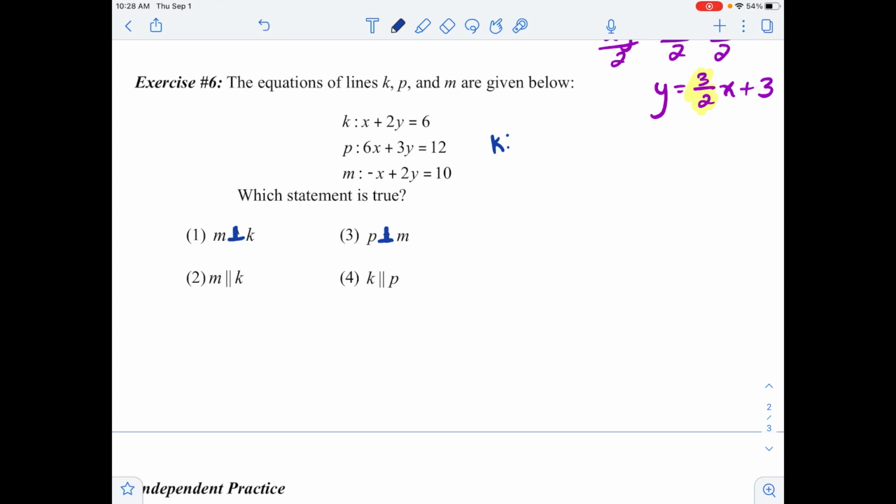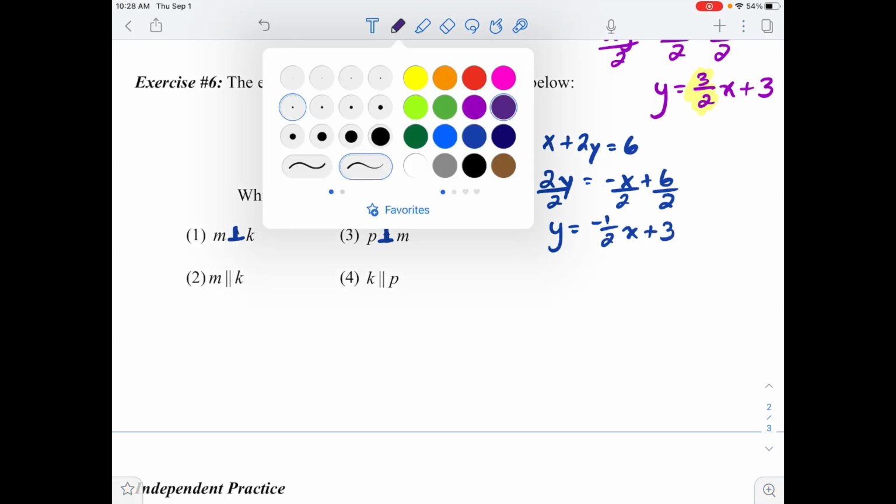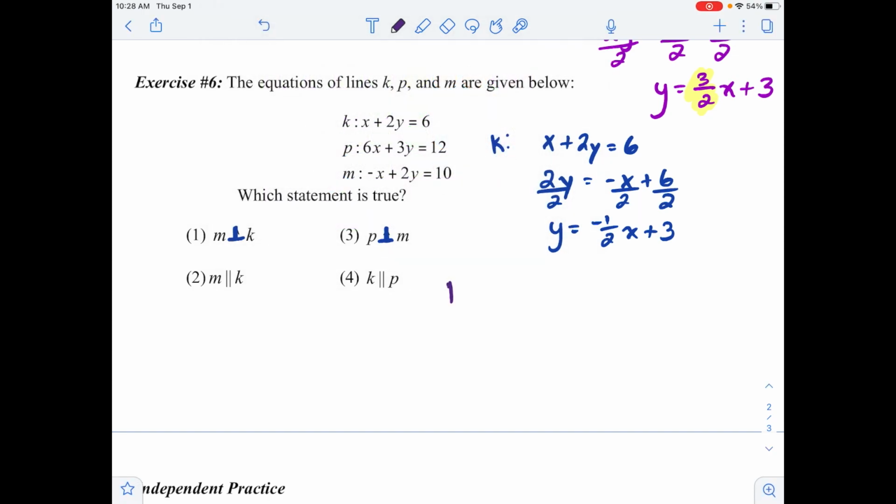So for k, x plus 2y equals 6. I'm going to subtract x. Then I'm going to divide by 2 to get y equals negative 1/2 x plus 3. Next one, p: 6x plus 3y equals 12. I'm going to subtract 6x.